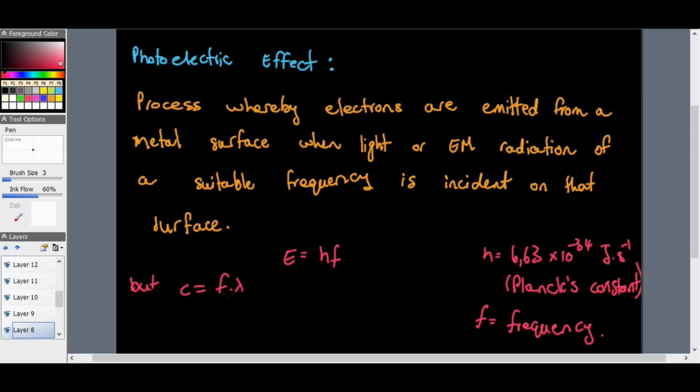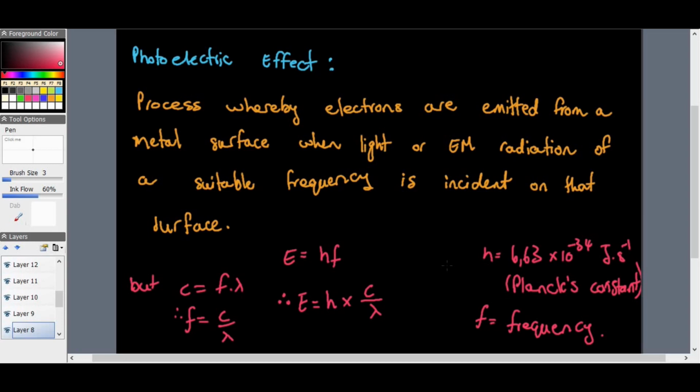So the frequency of light would be C divided by lambda. Therefore we form another format, formula 1.2, that E can also be equal to Planck's constant multiplied by the speed of light divided by the wavelength. So that's formula 1.2. However, there are more.